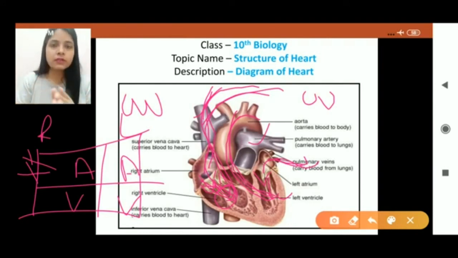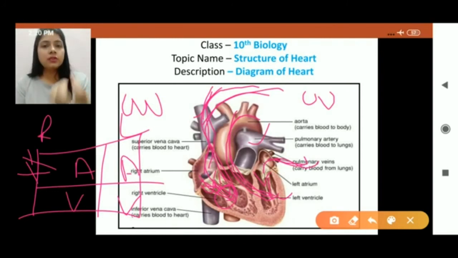The ventricles pump this blood to the pulmonary arteries. Now the pulmonary arteries carry this deoxygenated blood to the lungs, where it is oxygenated by passing out CO2 and receiving O2. Now this oxygenated blood is received by the pulmonary veins, and the pulmonary veins pass it to the left atrium.